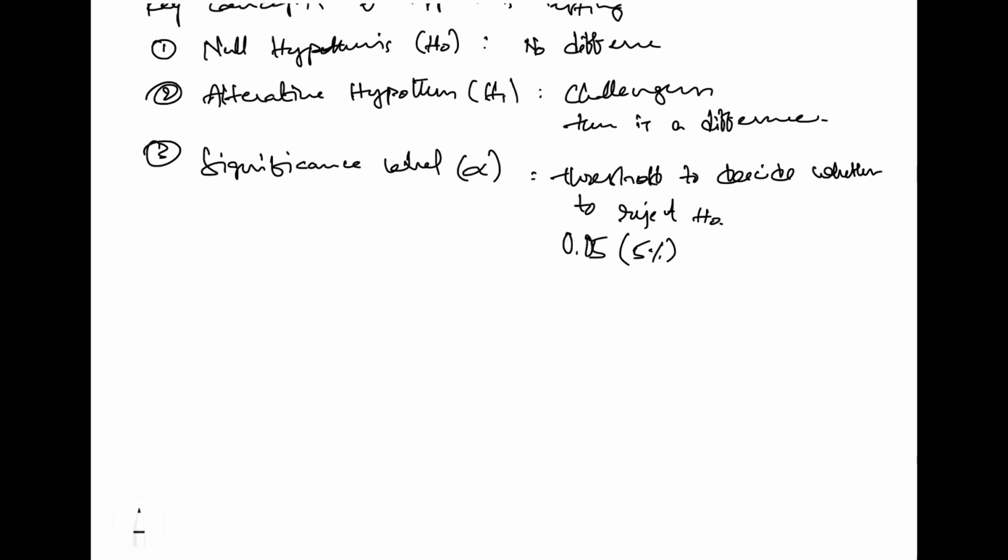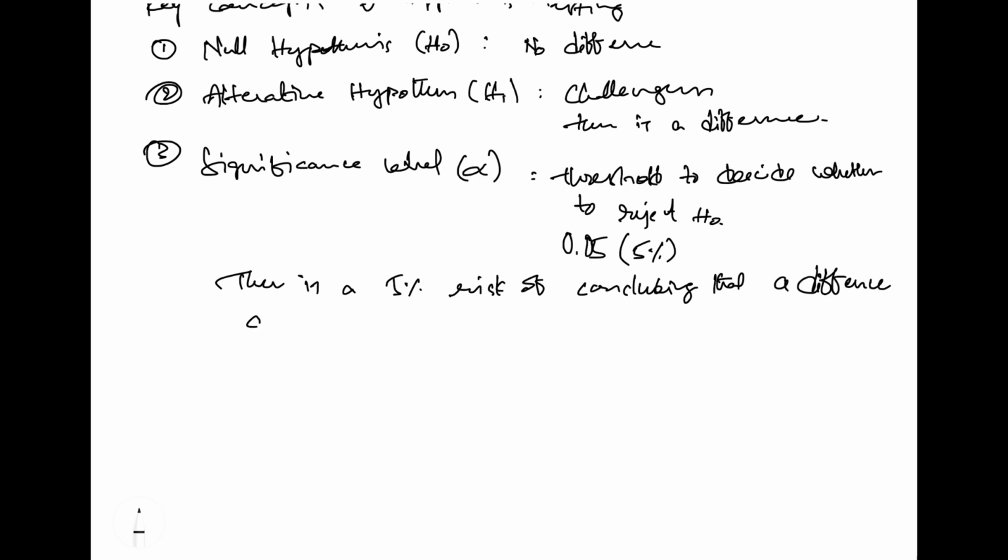So it basically says that there is a 5% risk of concluding that a difference exists when there is no difference.